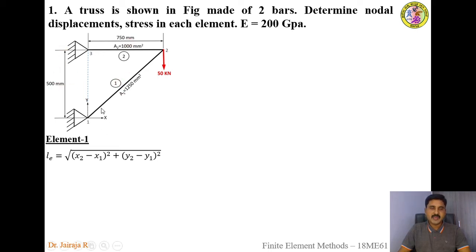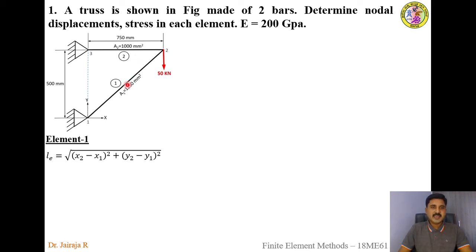Element 1 has initial node node 1 and final node node 2. Similarly, element 2 has initial node node 2, final node node 3. We need to specify which is the initial node and which is the final node. It is very important, especially for constructing the global stiffness matrix.